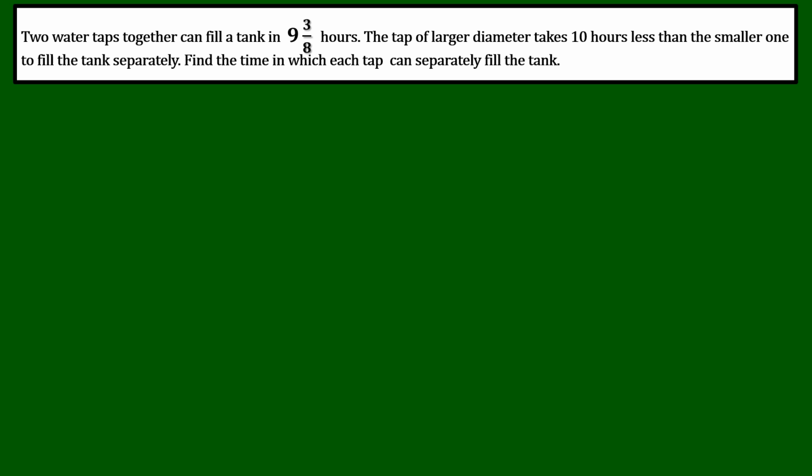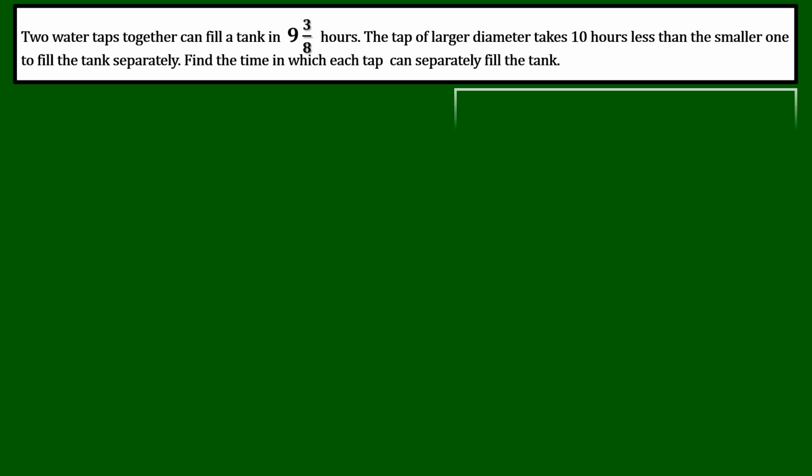an interesting one actually. Two water taps together can fill a tank in 9 3/8 hours. The tap of larger diameter takes 10 hours less than the smaller one to fill the tank separately. Find the time in which each tap can separately fill the tank.